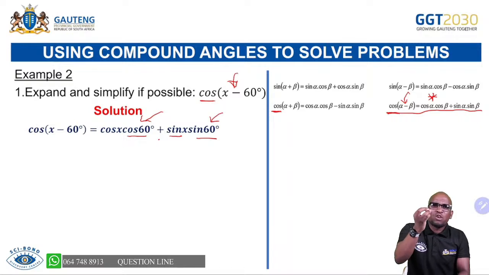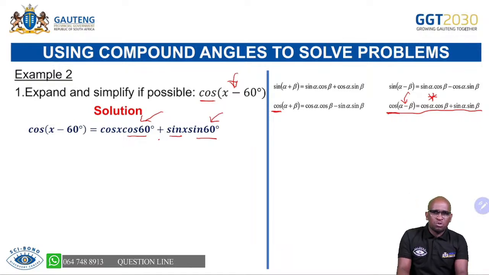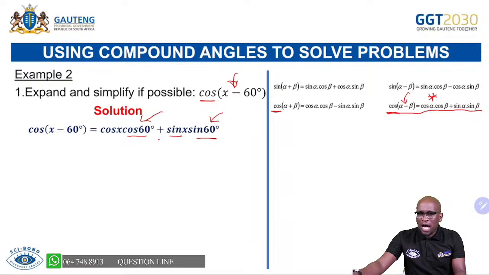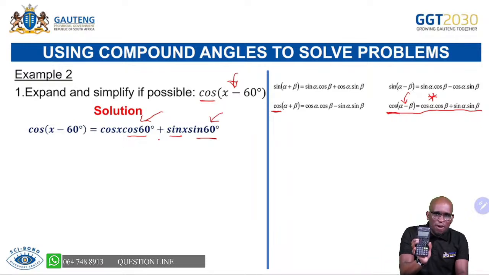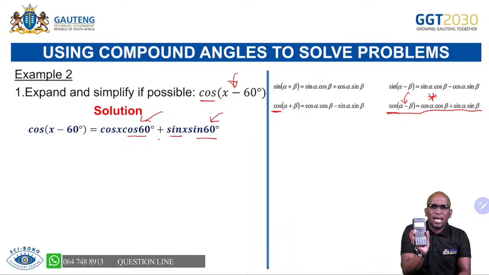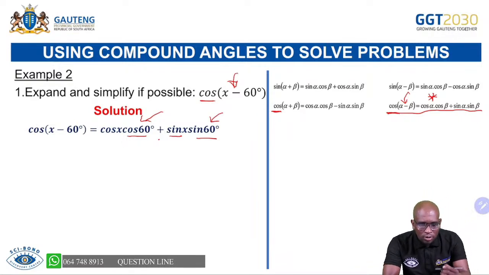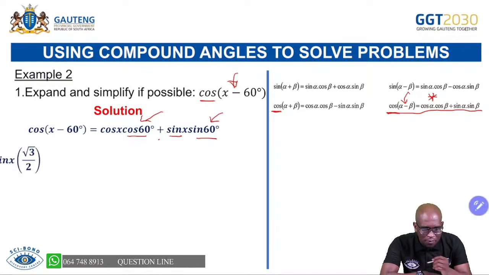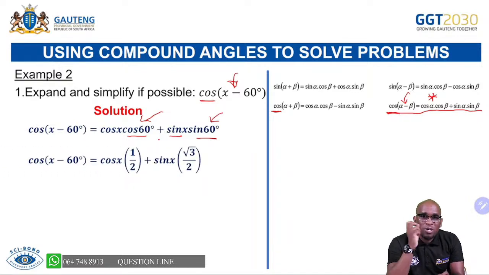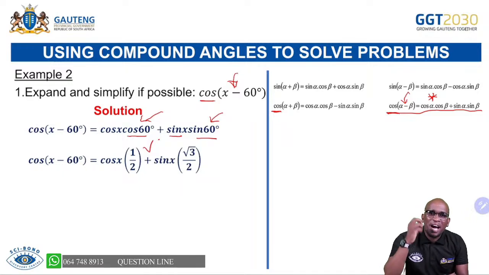So the cosine of 60 must yield what we call a special ratio. Such ratios can be determined without the use of a calculator, although the calculators that you have now are more advanced in that they can actually give you the special ratios. Right, now let us further simplify that one. You see now the cosine of 60 is half, and half is referred to as a special ratio.